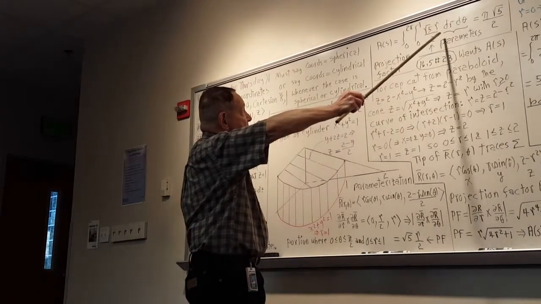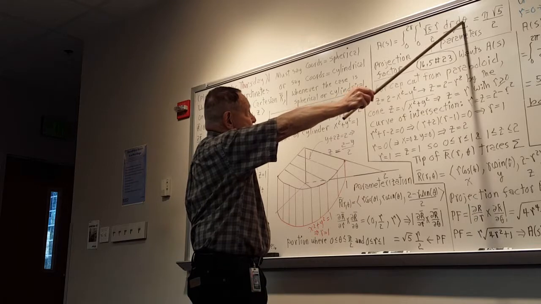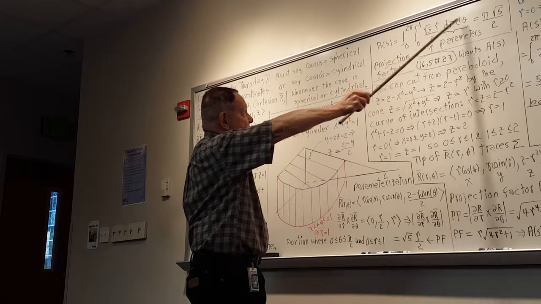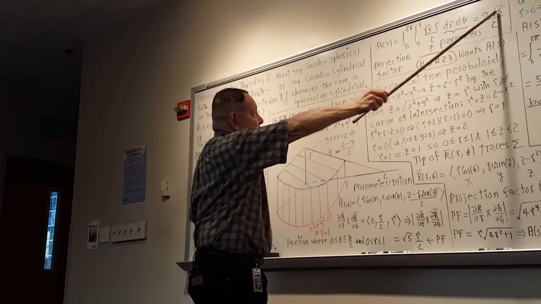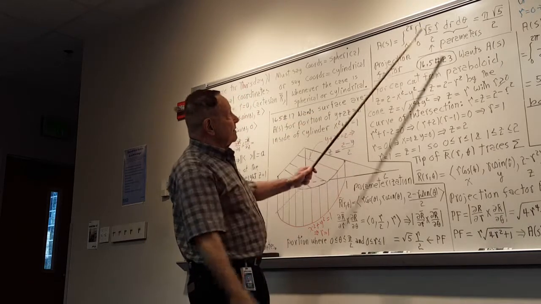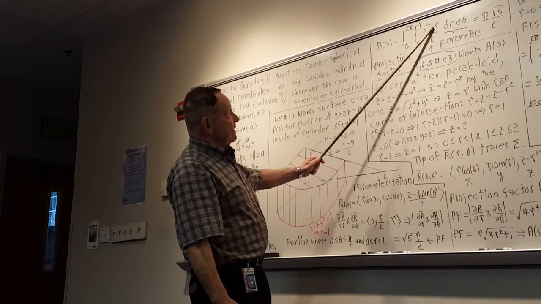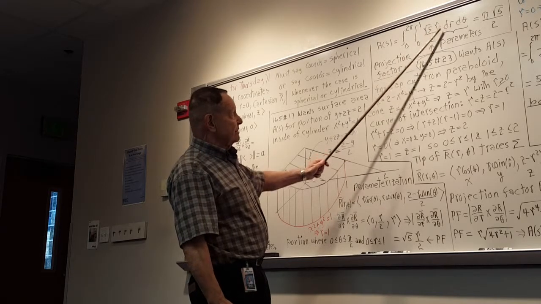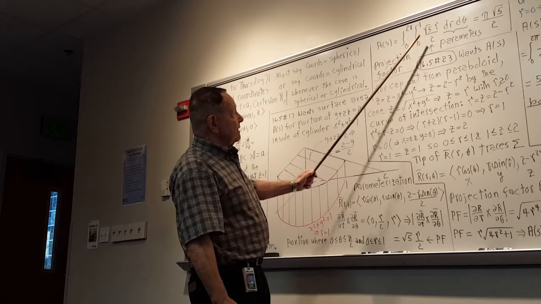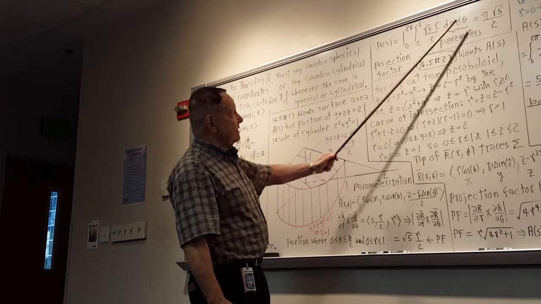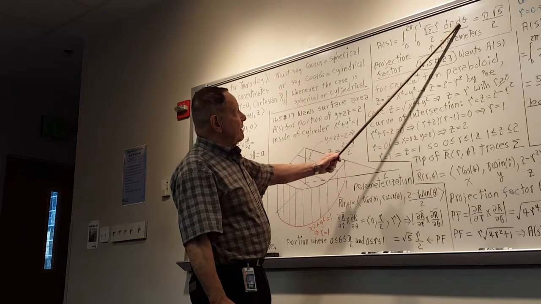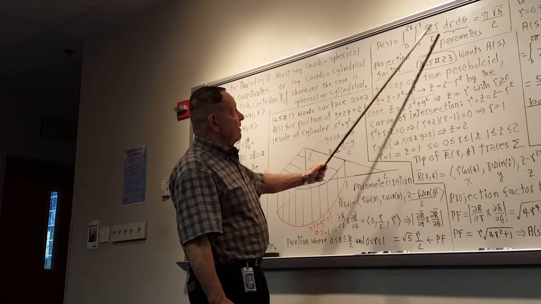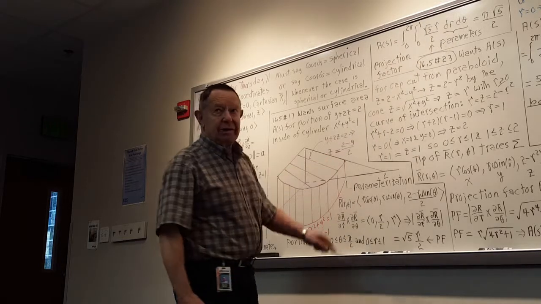So if you use these as your parameters and do this integral, you'll get pi root 5 over 2. You can see that this is not a difficult integration. RdR will get you r squared over 2, and put in your limits, and then theta, not related to r, will just put in a 2 pi.